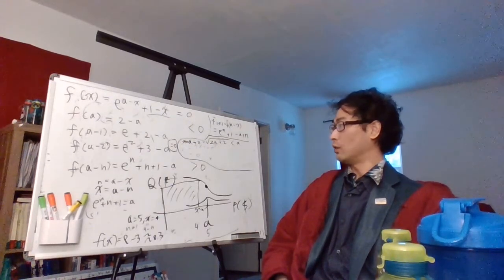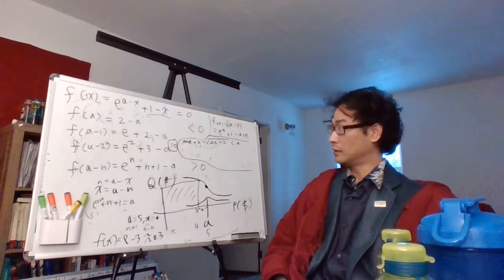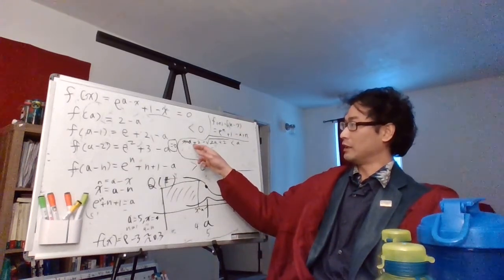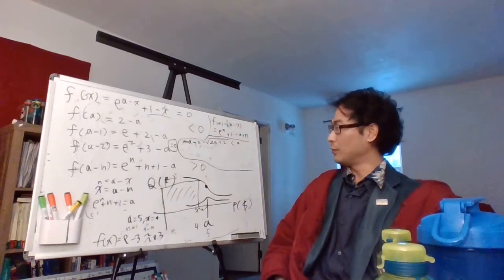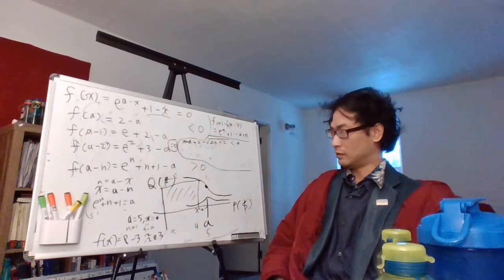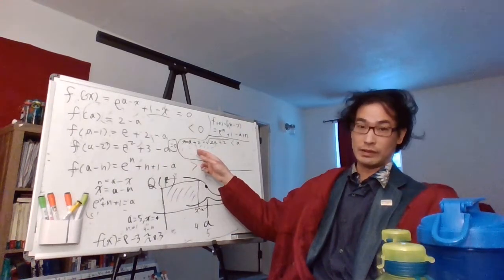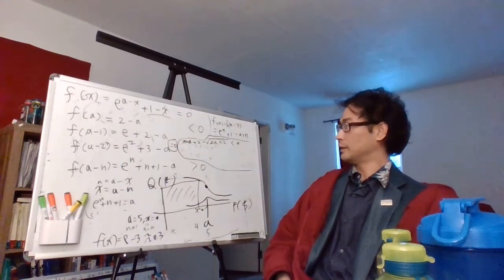And when a is zero, x is more than a. That means at some point they will be equal, other than a going to infinity. So it's a little bit involved.